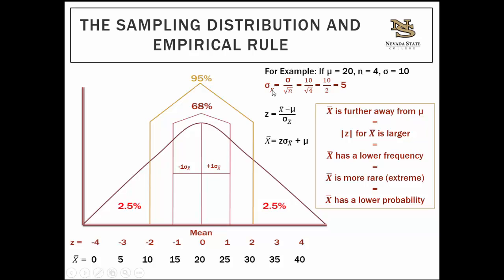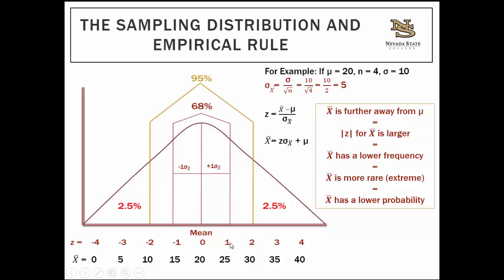To find the standard error, I showed you this formula before. You take the standard deviation of the population divided by the square root of the sample size. If we're working with a situation where our population has a mean of 20 and a standard deviation of 10 and our sample size is 4, we take the standard deviation of our population, 10, divided by the square root of 4, the square root of our sample size. This becomes 10 divided by 2, and our standard error is 5. So when we're plotting out our distribution, for every 5-point increase in the sample mean, the z-score increases by 1.